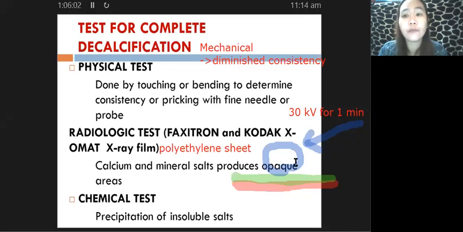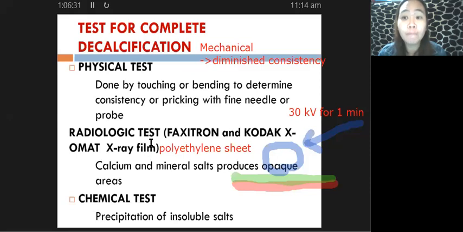If, for example, opaque areas are present, then it indicates incomplete decalcification. So you have to continue the decalcification process. Take note, your radiologic test is not recommended for mercury chloride fixed tissues.